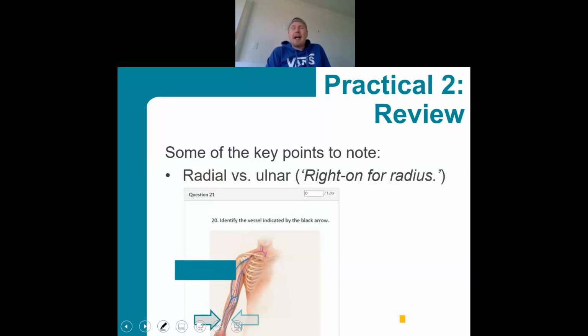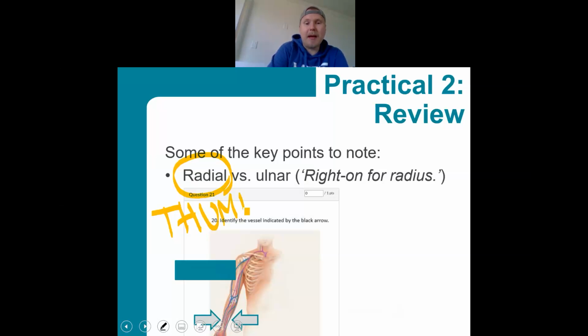One thing that I think we should have already covered, for example, when we covered the bones, or when you talked about the nervous system, is the difference between the radial and ulnar side. So we remember that the radius is on the thumb side.